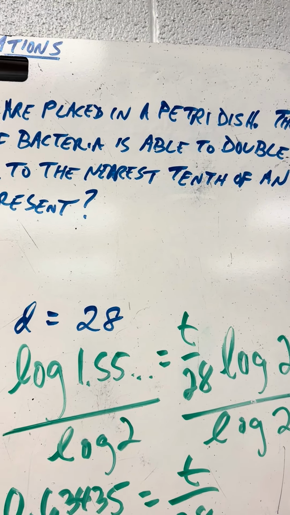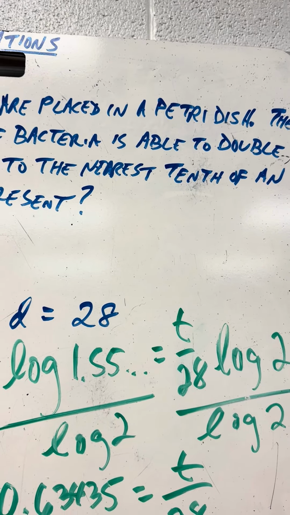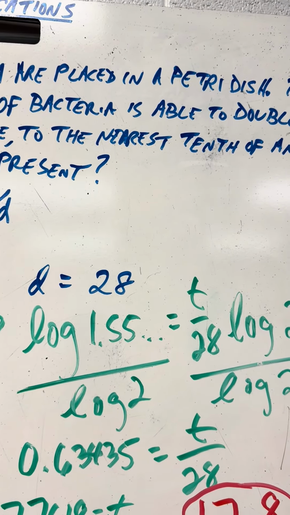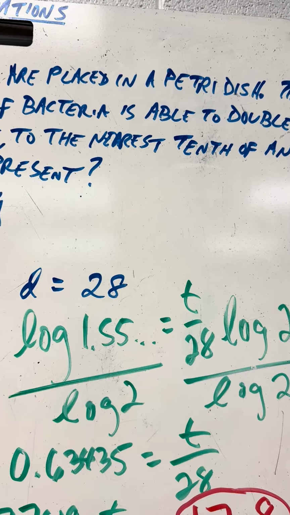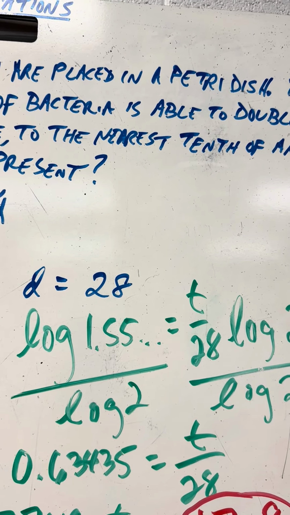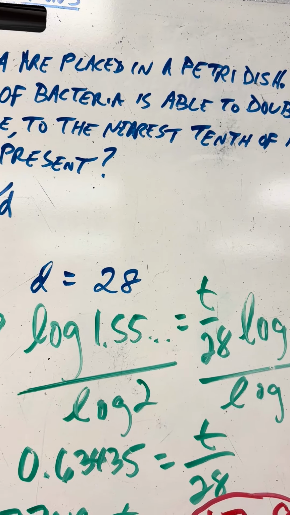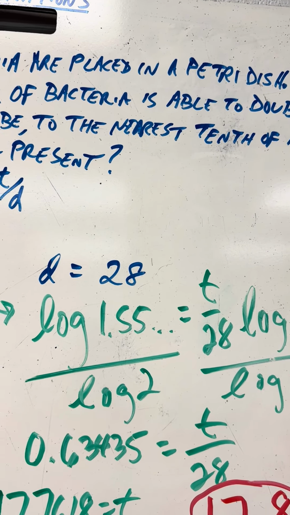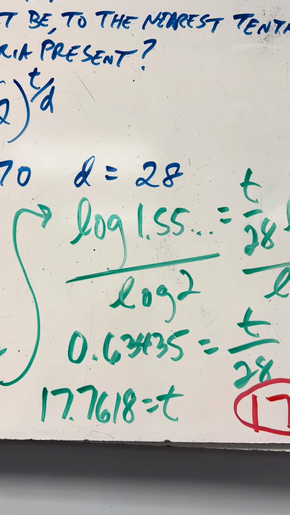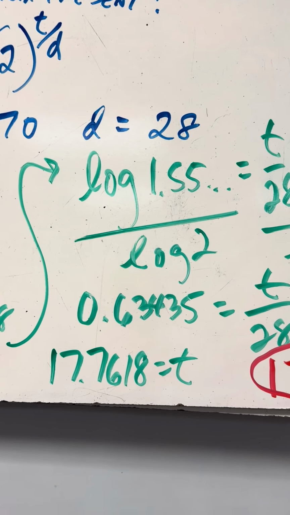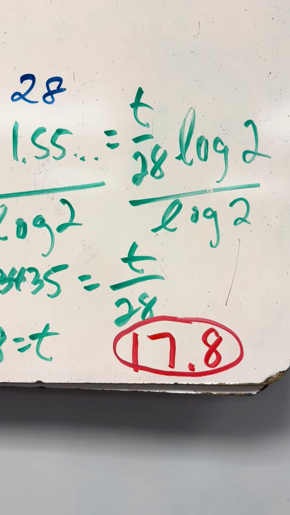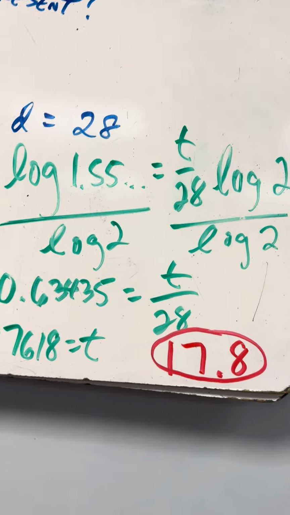Log 1.55, etc., divided by log 2, and you get 0.63435 equals T over 28. So what do you do? You multiply both sides by 28, and you get T equals 17.7618. To the nearest tenth is going to be 17.8. Okay?